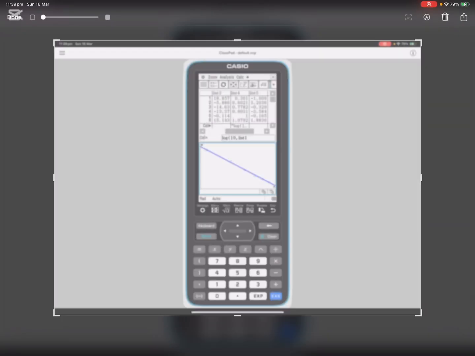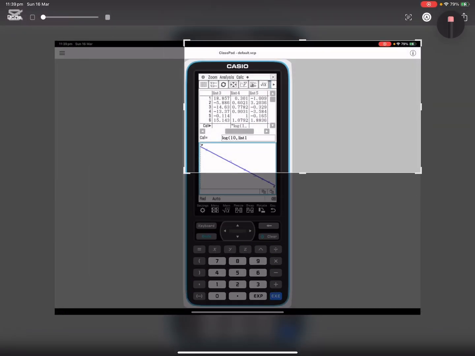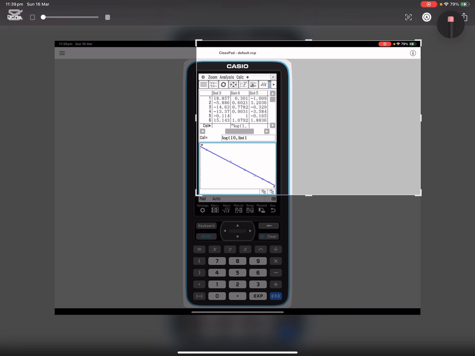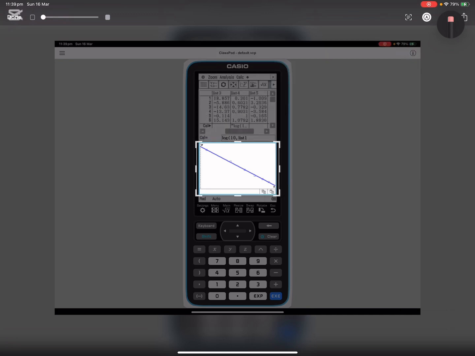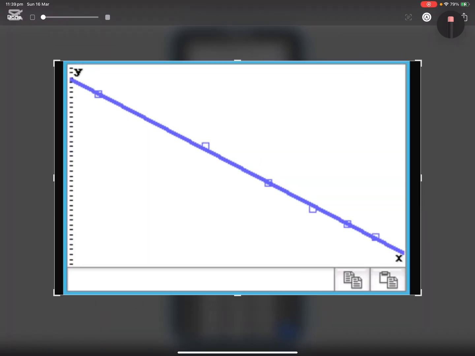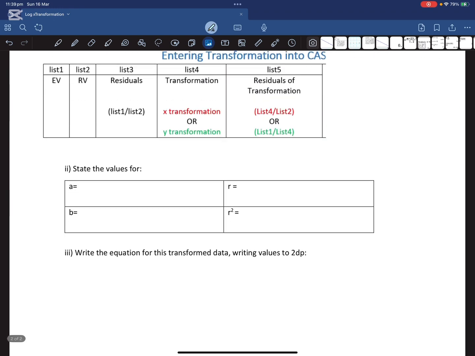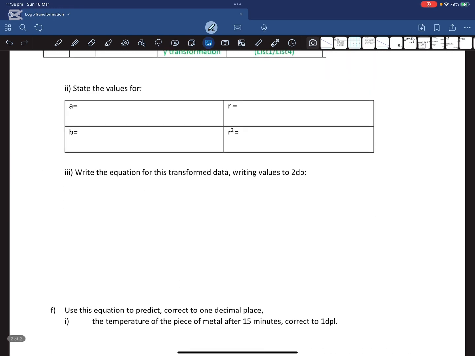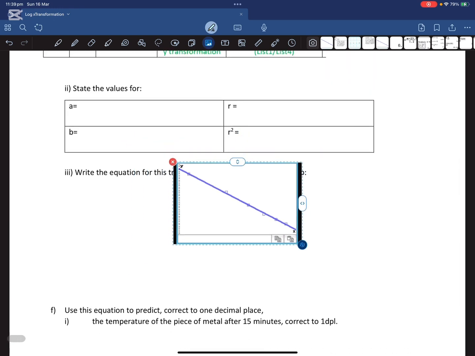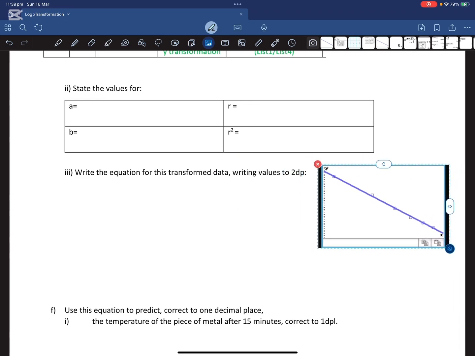So on just looking at that by eye, I think that is a good improvement of that linearity. It looks like it's fitting that least squares regression line much nicer. I'm just going to take a screenshot of that and put that over here somewhere.